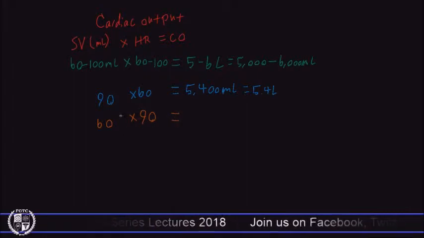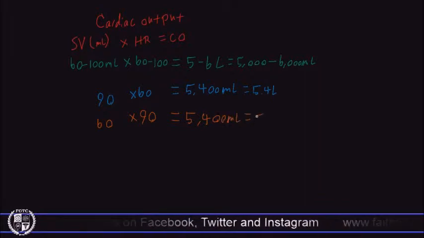So in this unhealthy person, you may have a cardiac output of 5,400 milliliters as well. And so again, that 5.4 liters inside this person's body is what's getting circulated every single minute. That's an important concept to understand.